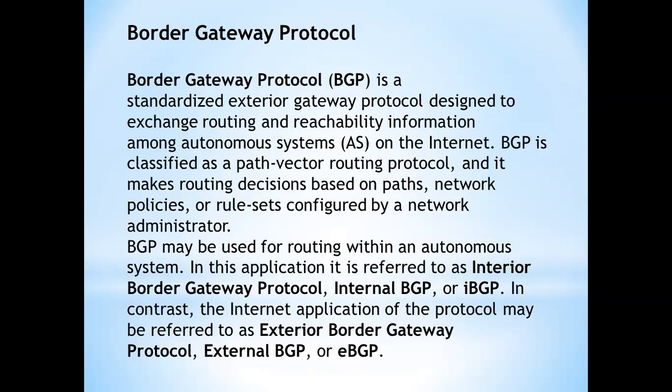BGP performs 3 types of routing: inter-autonomous system routing, intra-autonomous system routing, and pass-through autonomous system routing. Inter-autonomous system routing takes place between 2 or more BGP routers in different autonomous systems. Peer routers in this system use BGP so that they can maintain a consistent view of the internetwork topology. BGP neighbors communicating between autonomous systems must be members of the same physical network.